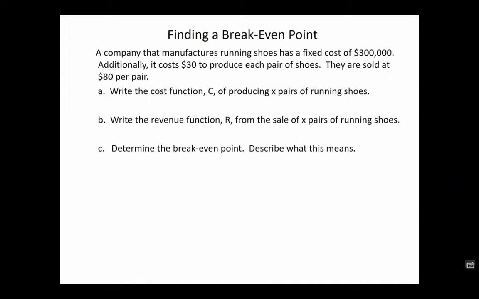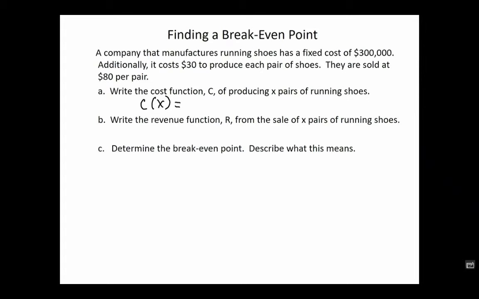We denote it as C of X, and the cost function was the fixed cost plus the cost per unit to produce a pair of shoes times the number of running shoes produced.